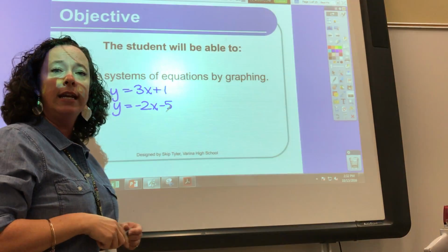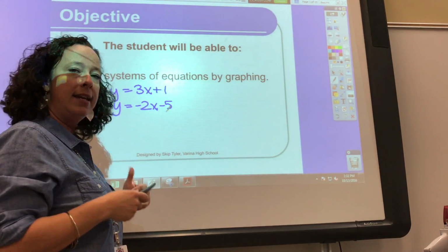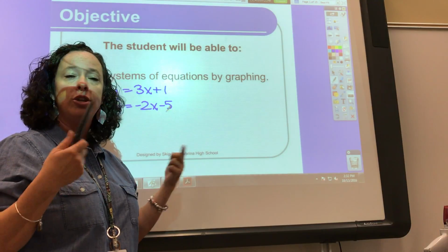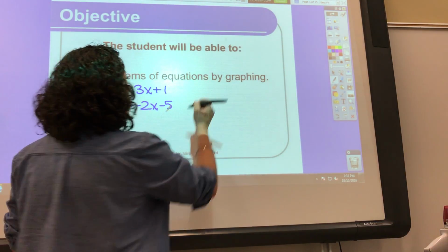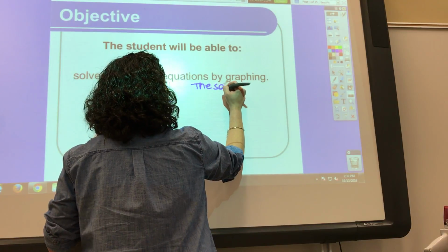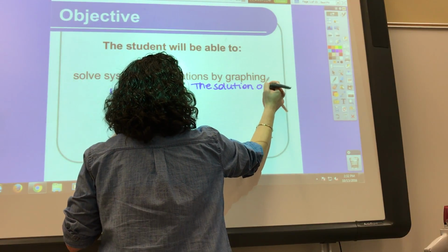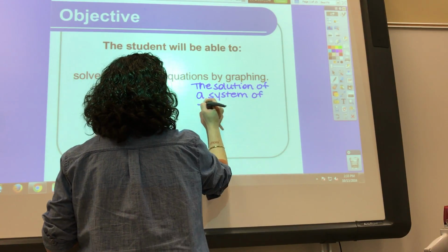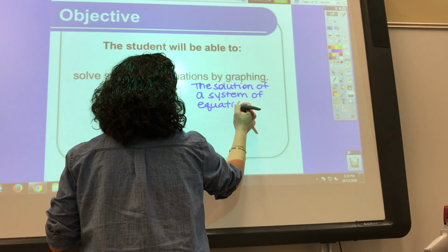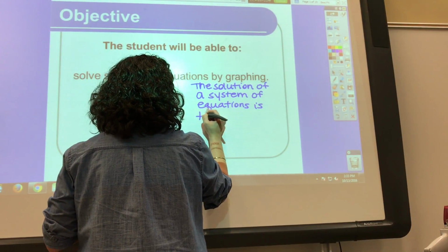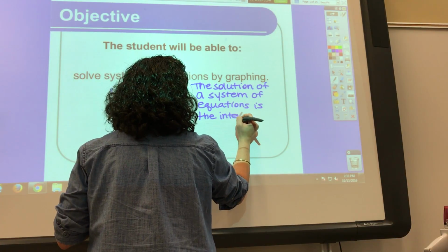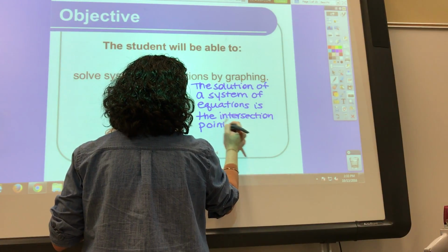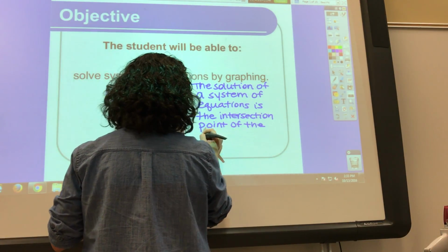Okay, so we learned a couple units back how to graph these, and the solution of a system of equations is the intersection point of the lines.